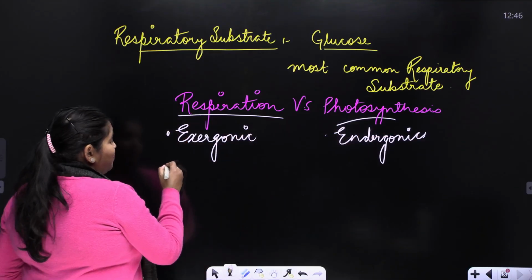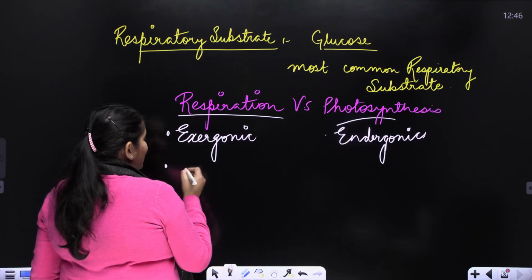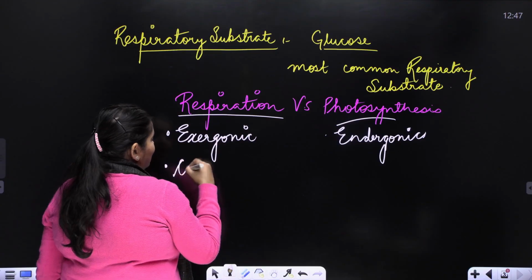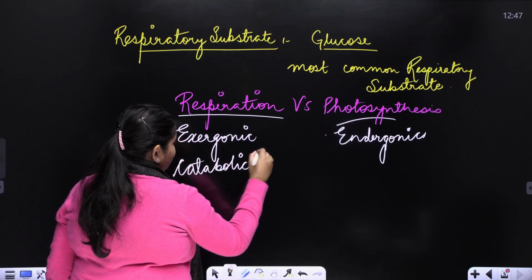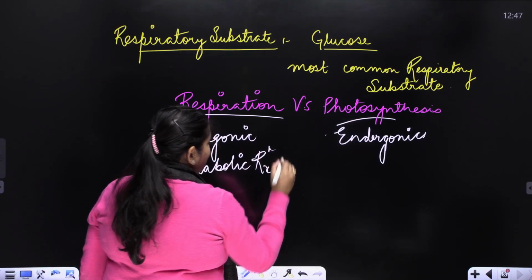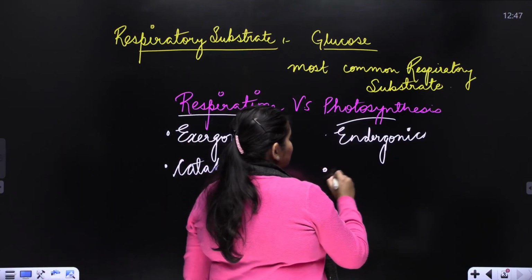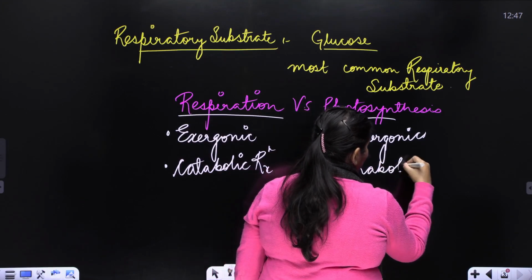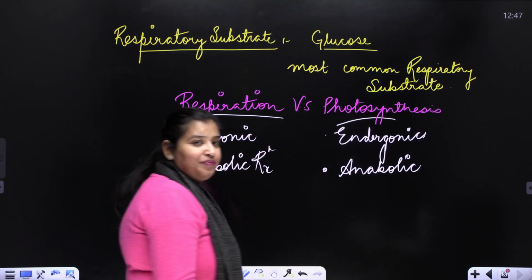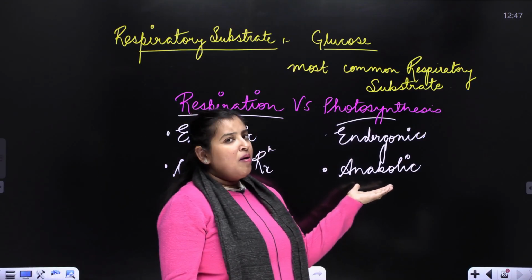Now, respiration involves breakdown of the substrate, and so it is called a catabolic reaction, whereas photosynthesis is an anabolic reaction.